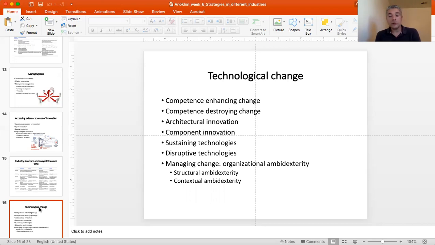Innovation could be architectural or component. Architectural innovation implies that the basic design of the product has changed, and that puts established companies at a disadvantage.